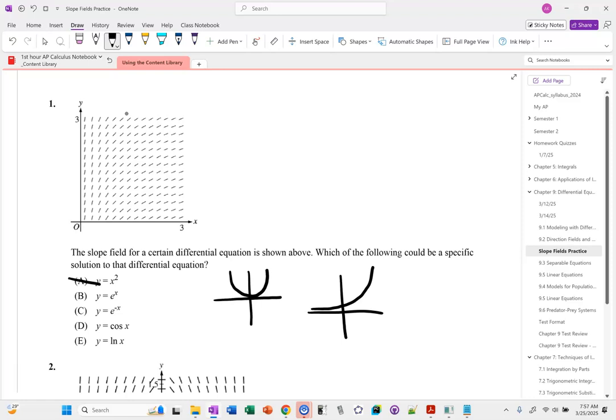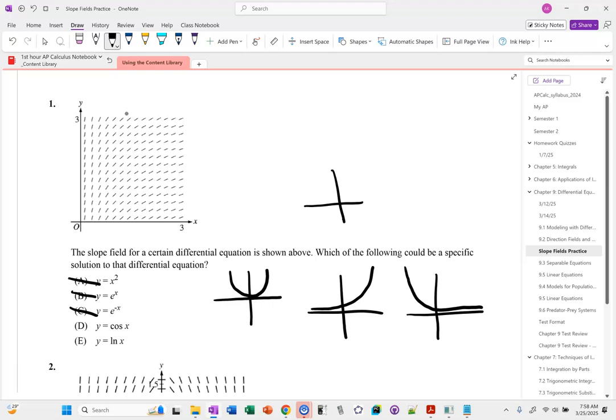That doesn't fit, right? Because this should be doing something like that, right? Everybody agree? Okay, so that's out. E to the negative x just looks like that. Again, the wrong kind of concavity on those slopes, right? You guys okay with the route that I'm going on this?